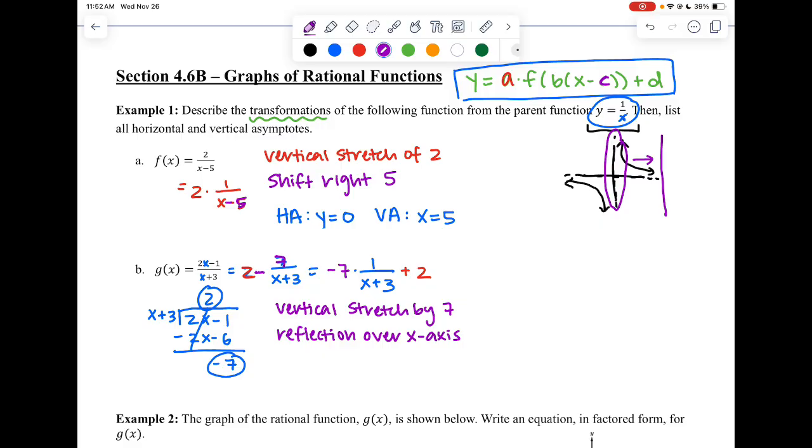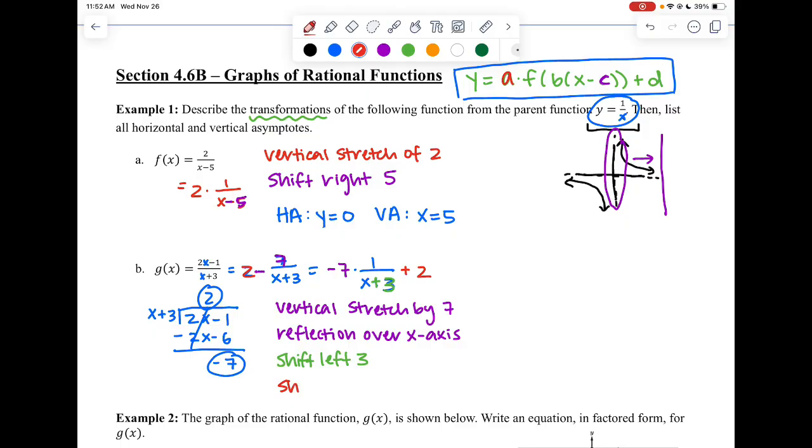I see that my +3 represents our horizontal shift, and it looks like we're going left 3 this time. So shift left 3. And then my +2 represents my vertical shift. So I'm going to shift up 2.